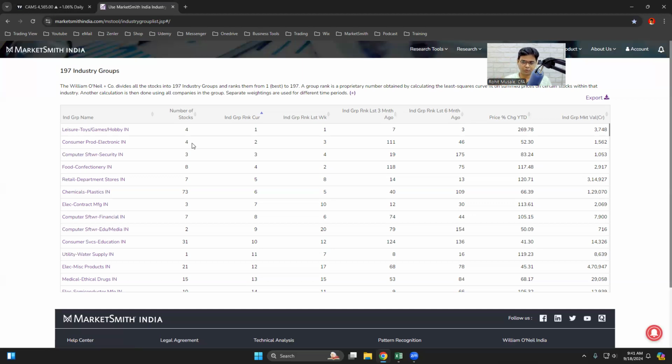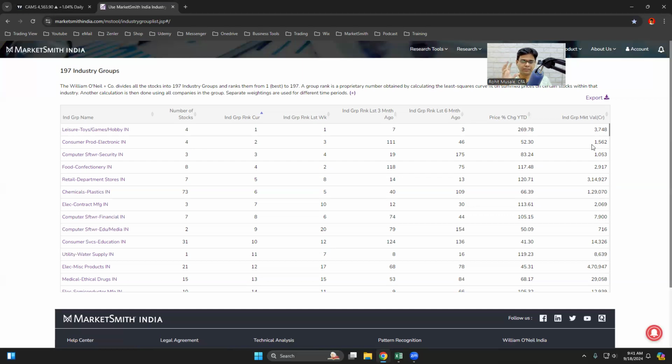This is an industry group which only has small cap or micro cap stocks, because the entire industry's market capitalization is only 1500 crore, whereas you find individual stocks with more than 10,000 crore market capitalization. So the entire industry group itself is 1500.